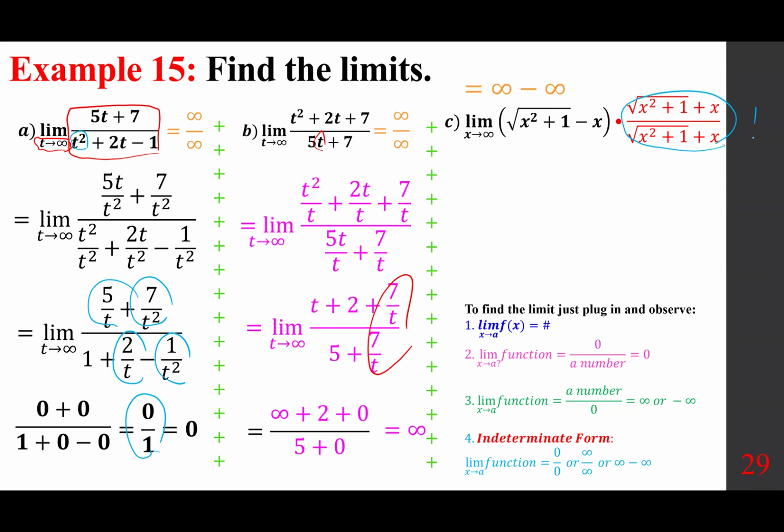How do you handle it? Extend the fraction bar and multiply these two, and recall that a minus b times a plus b is a squared minus b squared. So when we multiply these two, we get the square root of x squared plus 1 squared minus x squared.